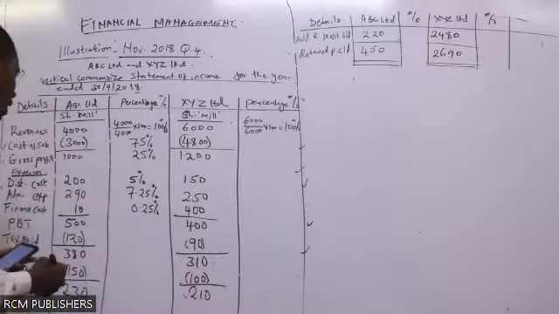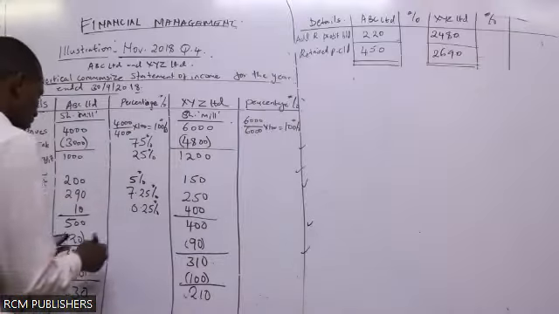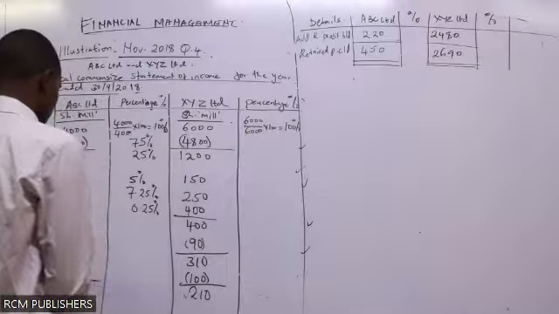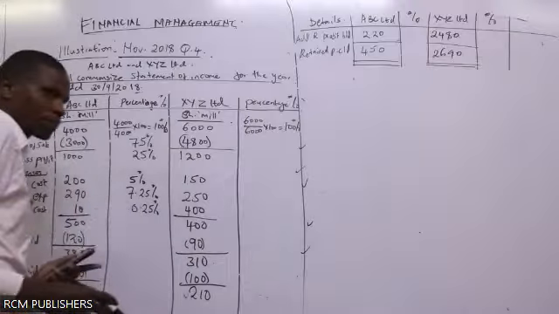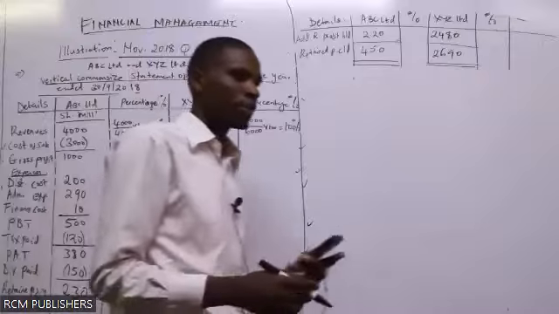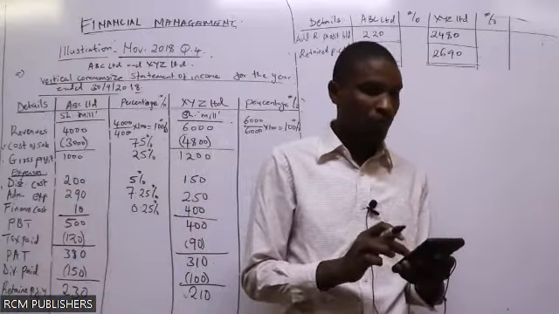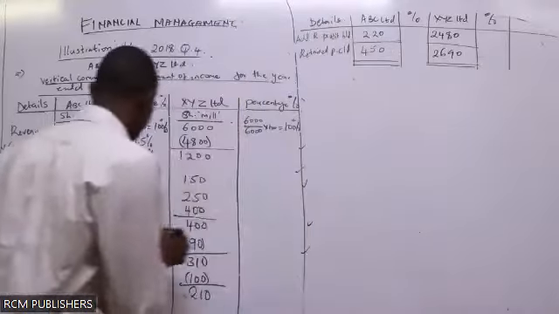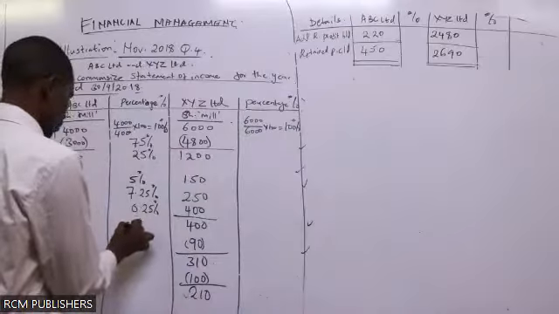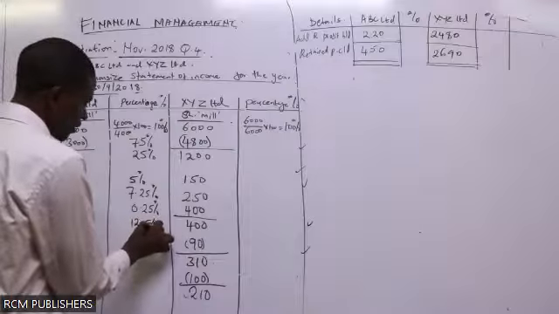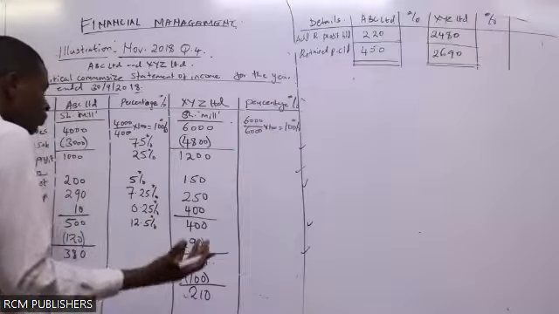So let's go to profit. Profit before tax. Itakuwa ngapi sasa hapa? Remember zote, unaweka zote. We are doing great. Before tax 12.5.